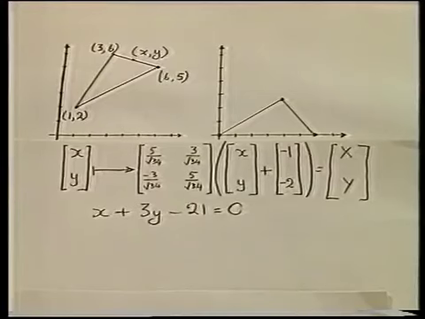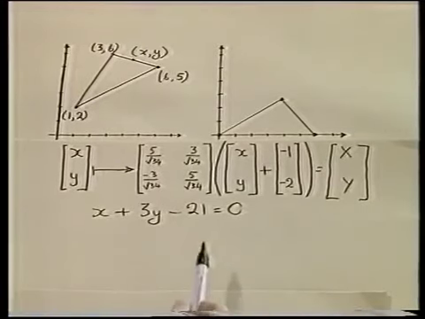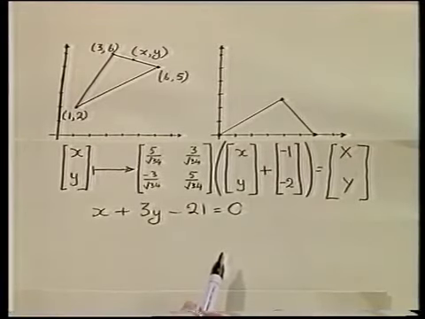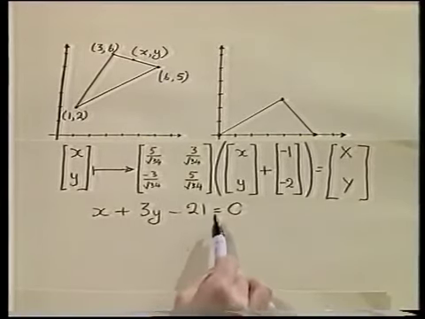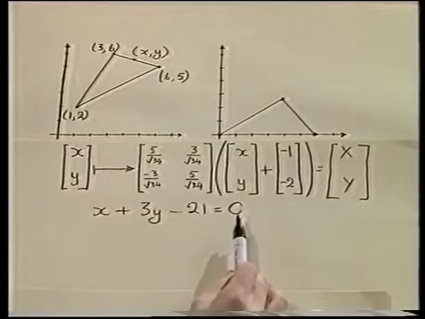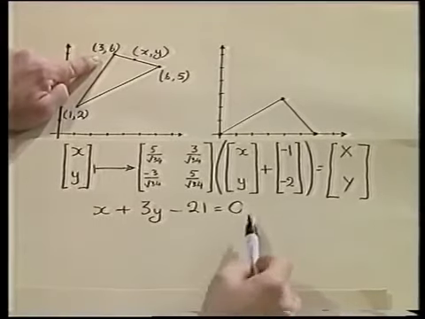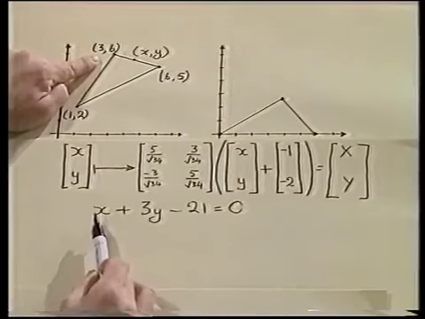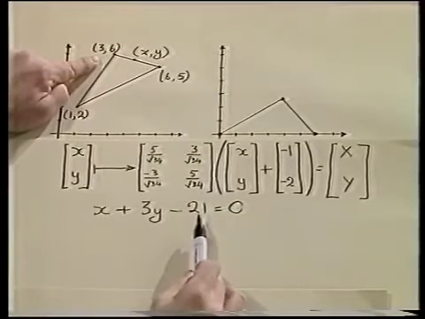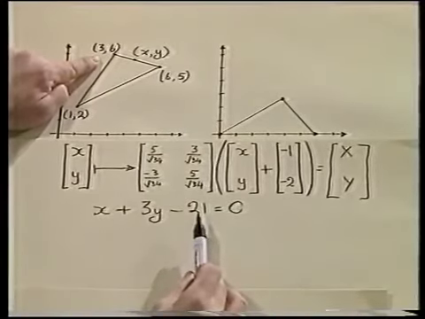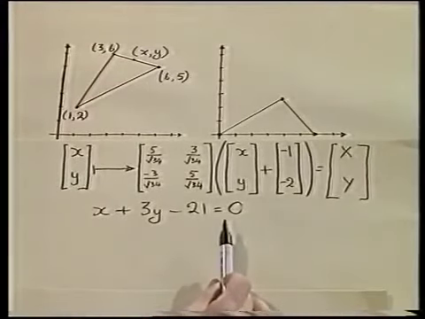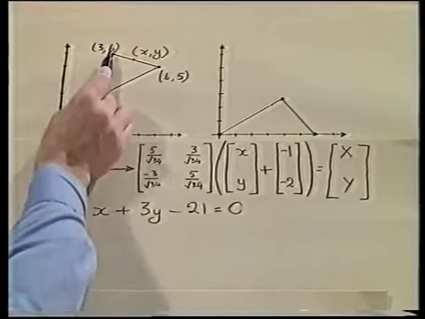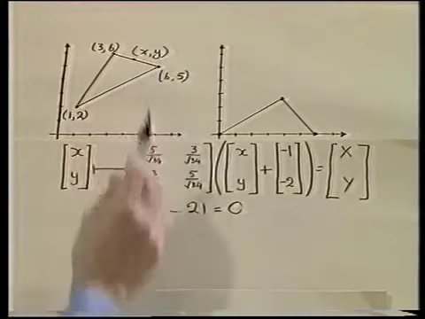Now we can check that this is the right answer because first of all it has the right form for an equation of a straight line: number of x's, number of y's, number equals 0. And also, if I plug in the coordinates of this point, I get 3 plus 18 minus 21, which is 0, and similarly for this point. So it really is the equation of a straight line passing through these 2 points.